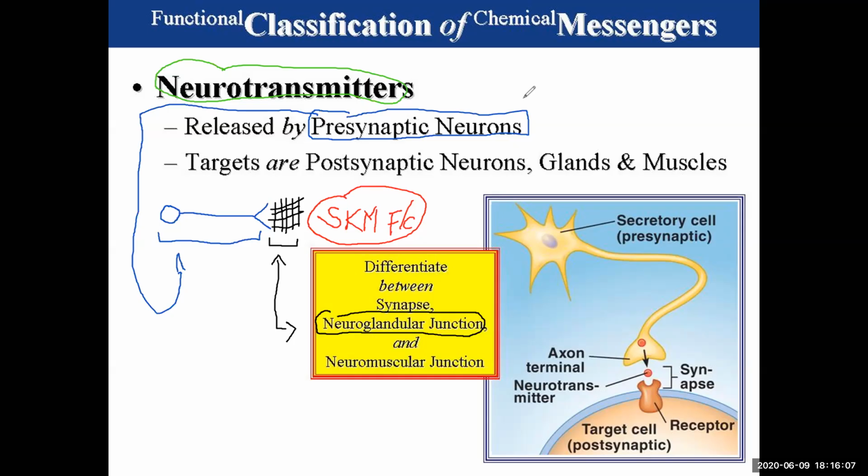Then you also have a microscopic space, and that space, again, is not a synapse. That space is called a neuromuscular junction. So that's the difference between a synapse, neuroglandular junction, and neuromuscular junction.